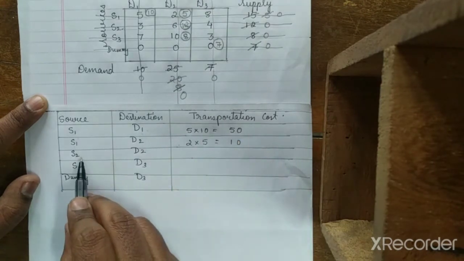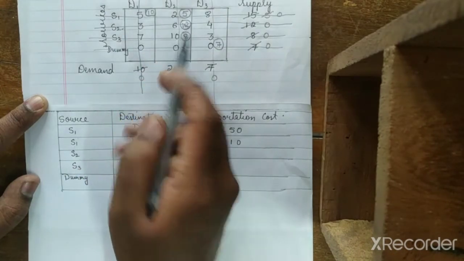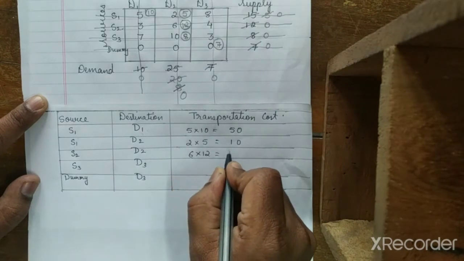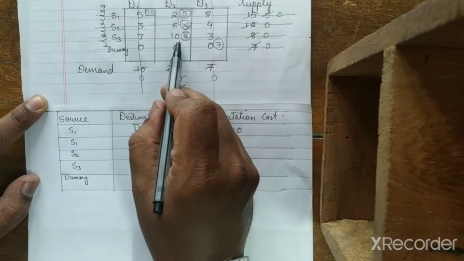The third is S2, D2. That is 6 into 12. The fourth is S3, D2.